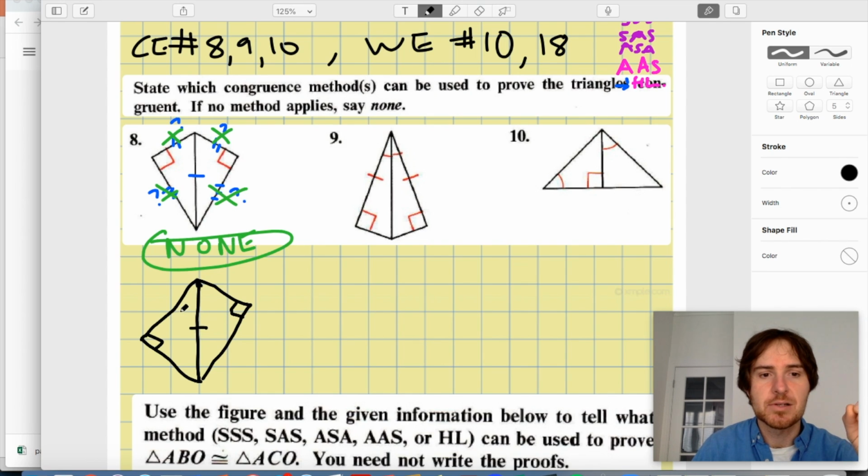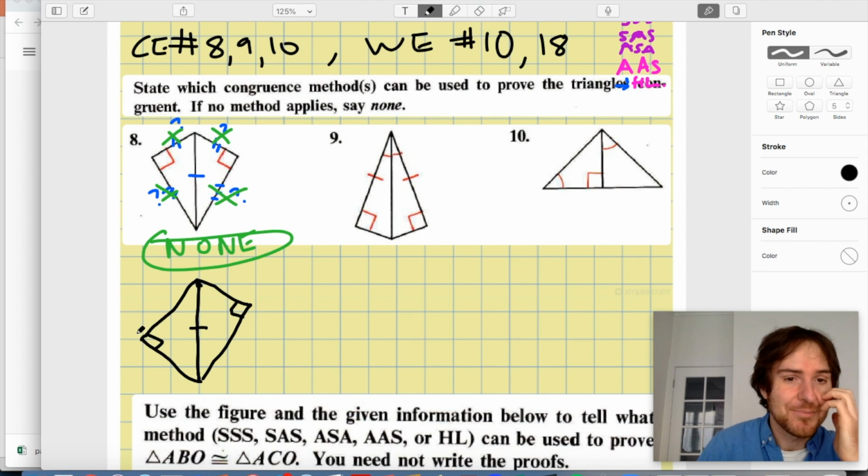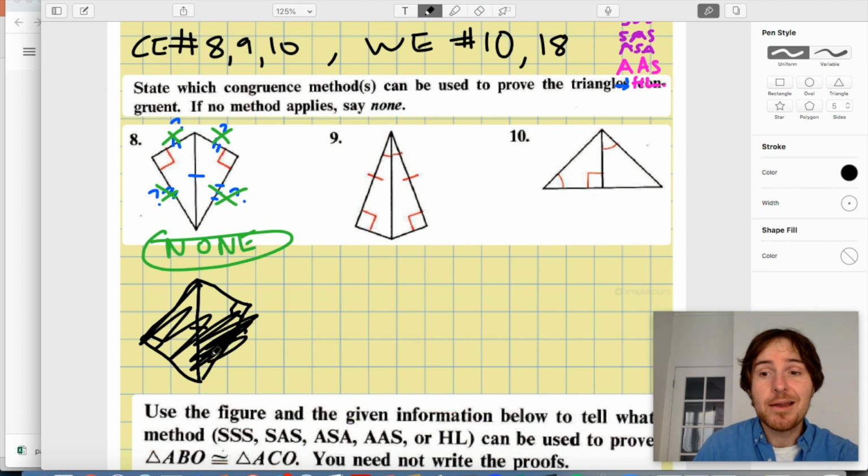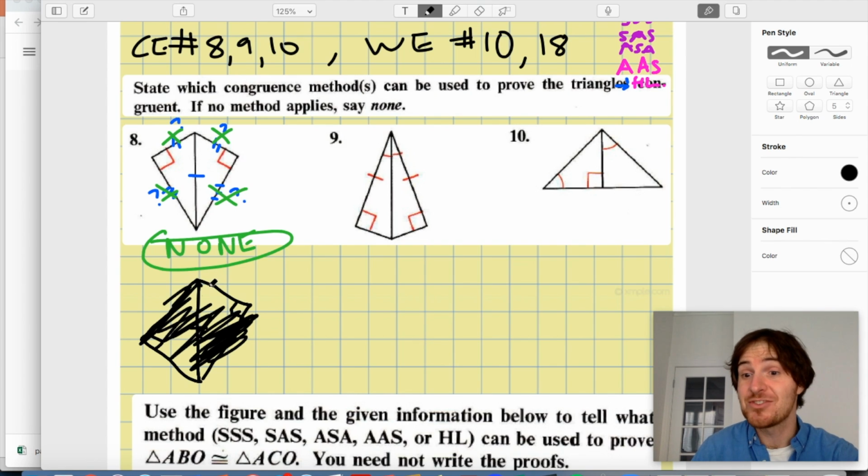Never mind, I drew it kind of messed up. Anyway, just a hypotenuse in common and both being right triangles is not enough to confirm that they'd have to be the same right triangles. We don't have an HL method.